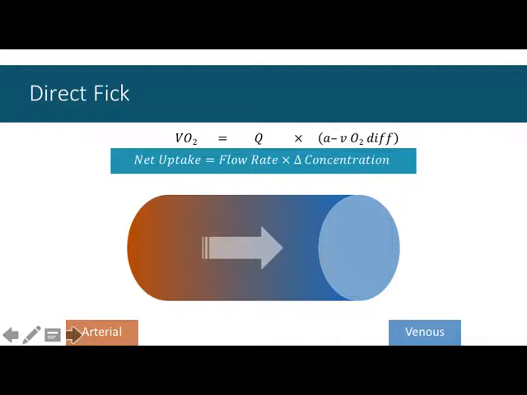I'm going to introduce the idea here as well, and I'll return to it as we build some examples going forward. This can be at any level. So if you're measuring VO2 at the mouth, at the whole body level, and then you have whole body arterial O2, whole body venous O2, you can figure out whole body flow.